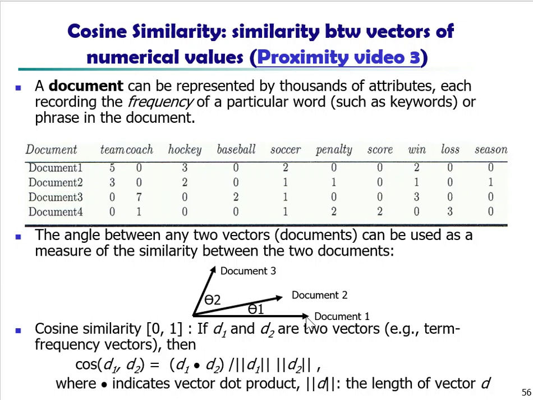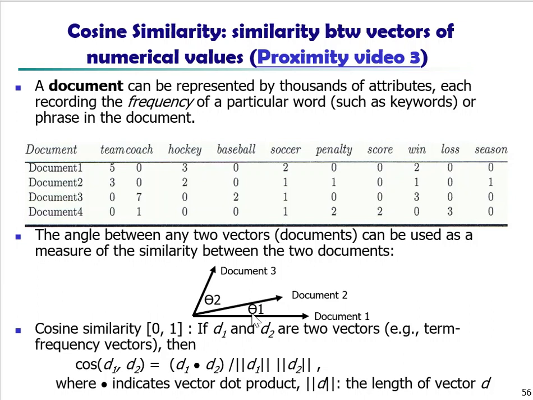Depending on the coordinates, all the values in this vector for document 1 along different dimensions, we will be able to draw the document 1 vector as this, and 2 and 3 and all the others.